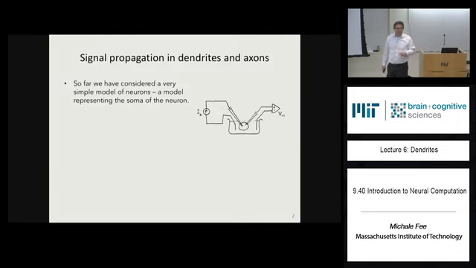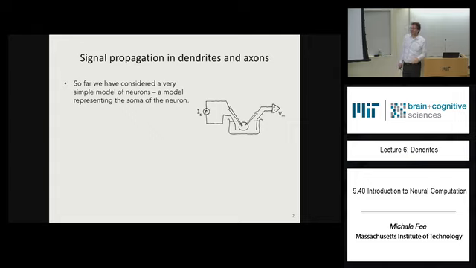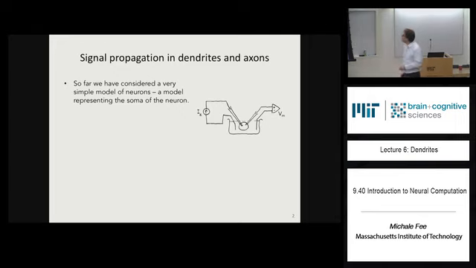So the model that we've considered so far is just a soma, right? We basically had a kind of spherical shell of insulator that we've been modeling that has different kinds of ion channels in it that allow the cell to do things like generate an action potential.